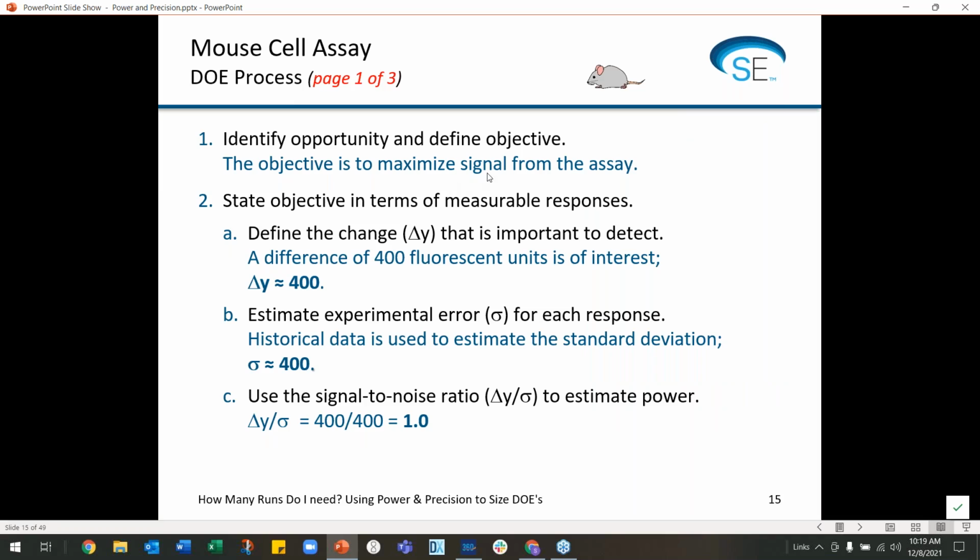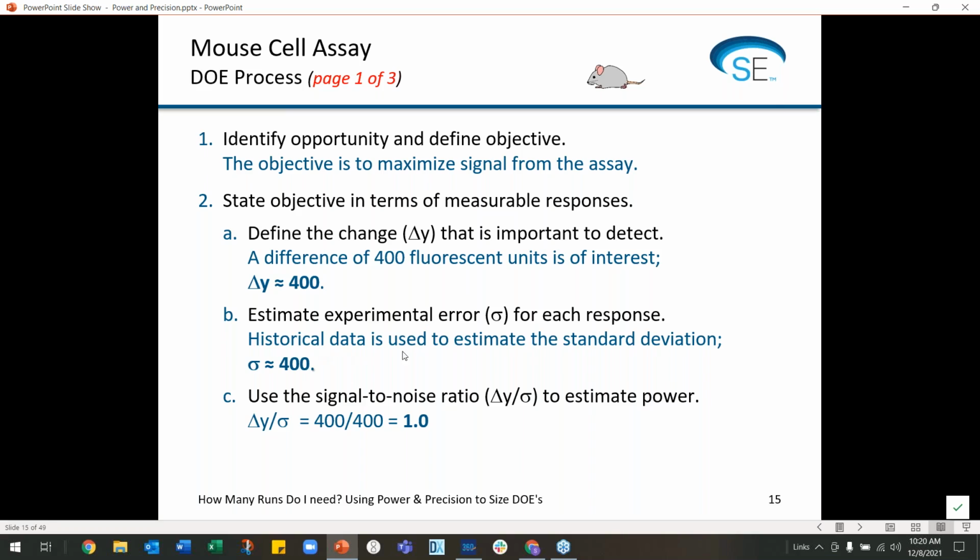Our objective is to maximize the signal from the assay. We decide that we want to detect a change of 400 fluorescent units. That's the response. So this 400 fluorescent unit change, that's the minimum change that would get us interested and demonstrate that, hey, we found an effect.